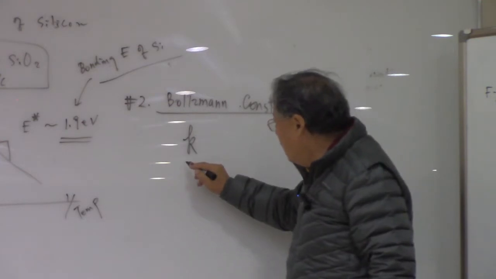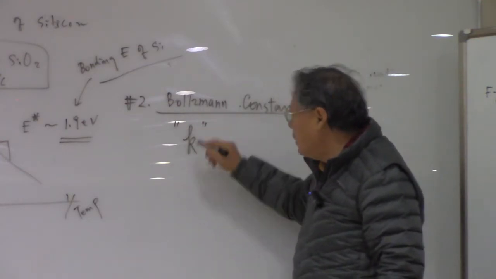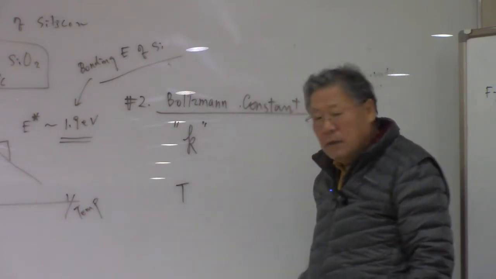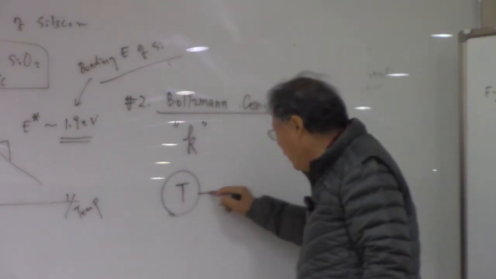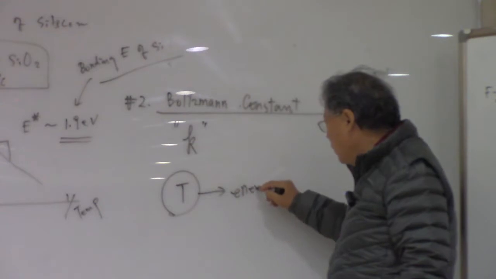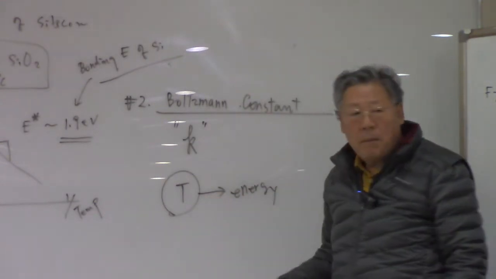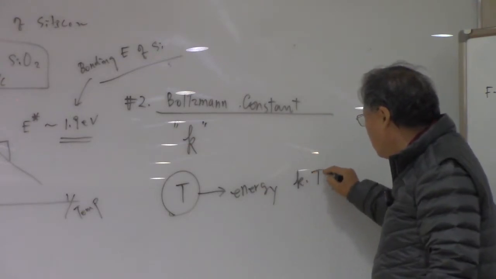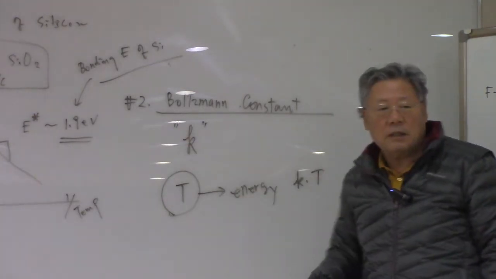And this is amazing in the sense that when you have a temperature, you can find out the energy corresponding to this by simply multiplying it with this Boltzmann constant.